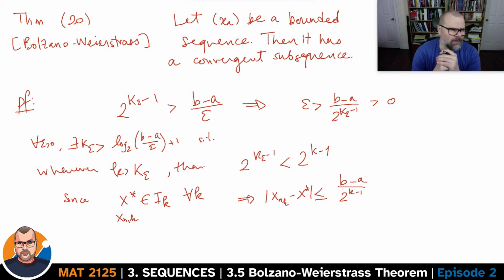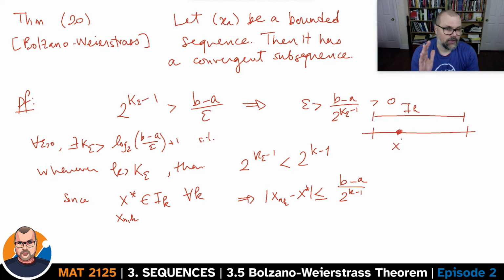Why is that the case? Well, think back to where we are. Here's our interval I_k. Here's potentially our value x_n. Here's potentially our value x_{n_k}. And they are definitely within this distance of one another. Well, this distance is the length of the interval I_k, and the length of the interval I_k is (b minus a) divided by 2 to the k minus 1.